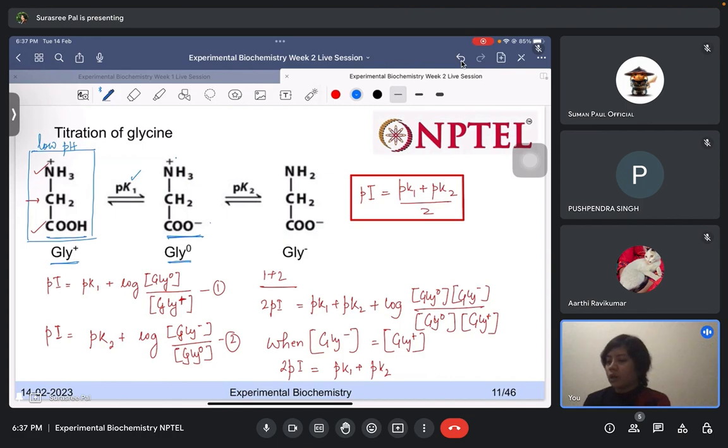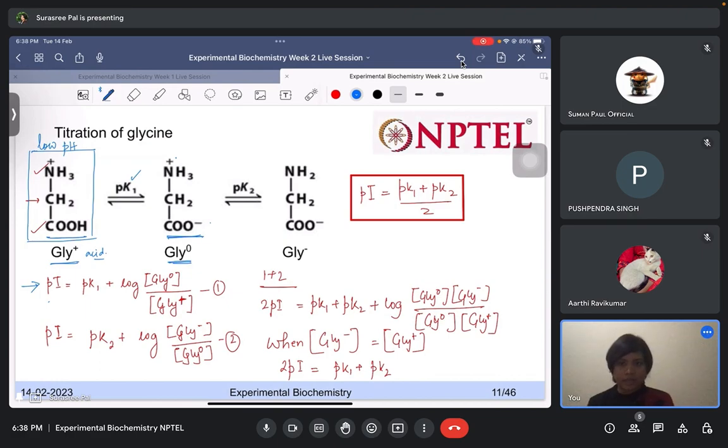If we now write the Henderson-Hasselbalch equation, pH equals pKa plus log of the concentration of the conjugate base over the acid, you will write it as pH equals pK1 plus log of the concentration of glycine 0. Glycine 0 is here the base, because the other one is the acid, since it is releasing the proton.